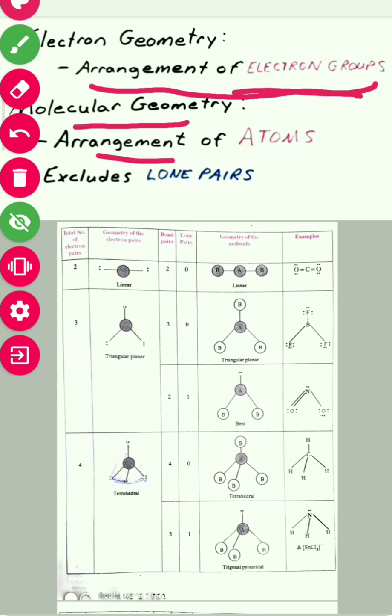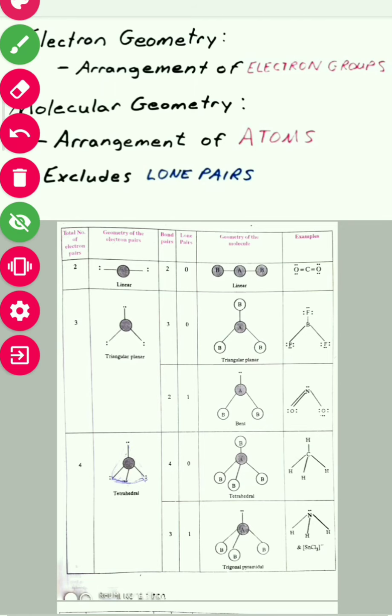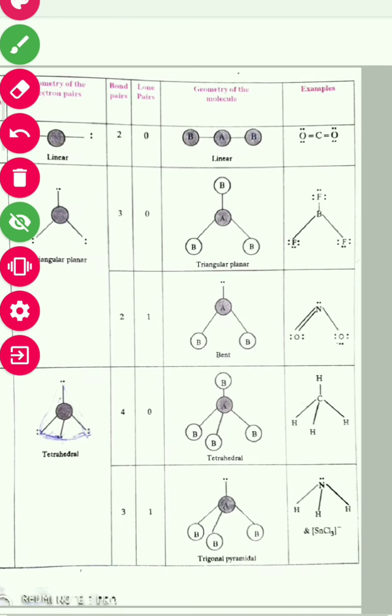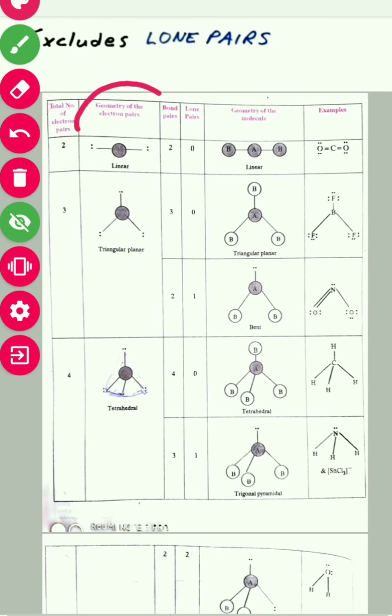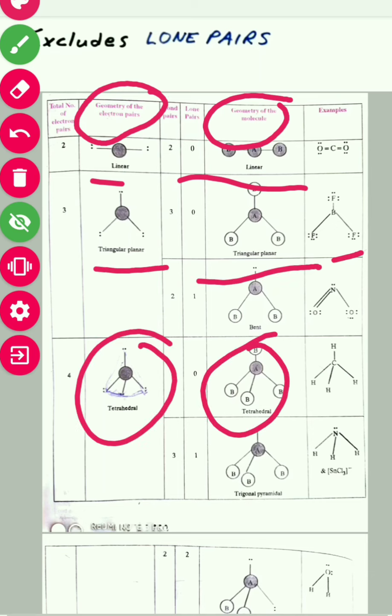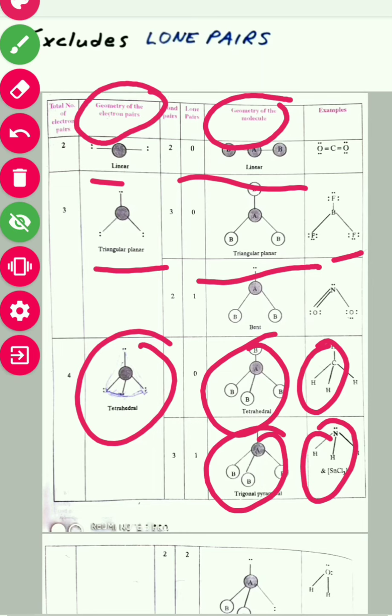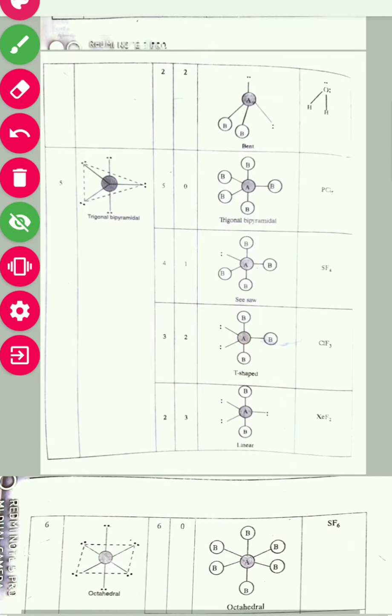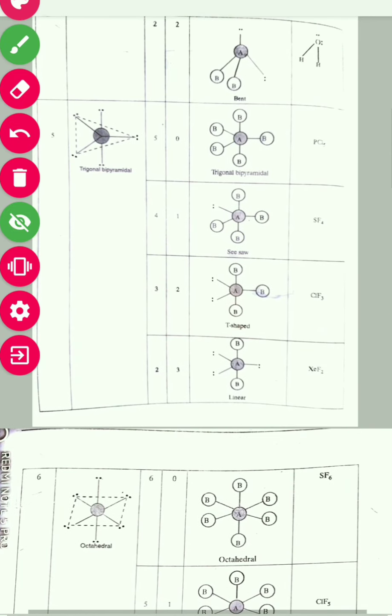It excludes lone pairs. After this, we have to understand this table, which gives a hint to draw electron geometry and molecular geometry. This table consists of various types of structures based on electron arrangement and molecular arrangement with some examples. So learn this table and try to solve these questions.